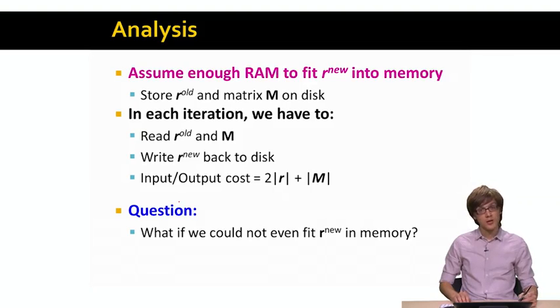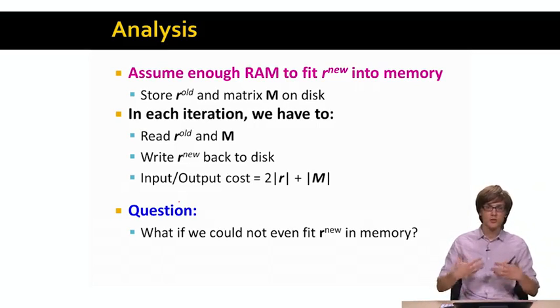So the way we can think about this is the following, right? At every step, we need to scan the matrix M into memory, and we have to scan the rank vector R old into memory. Once we have done this, we have to write R new back to the disk so that the new iteration of our PageRank algorithm can start.